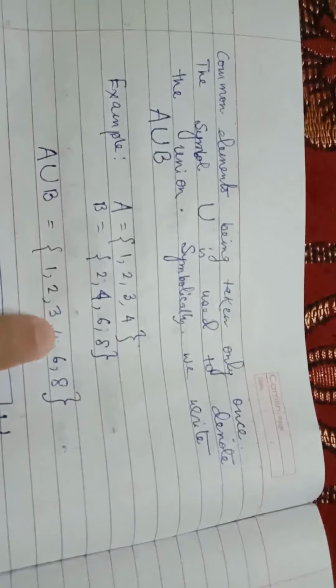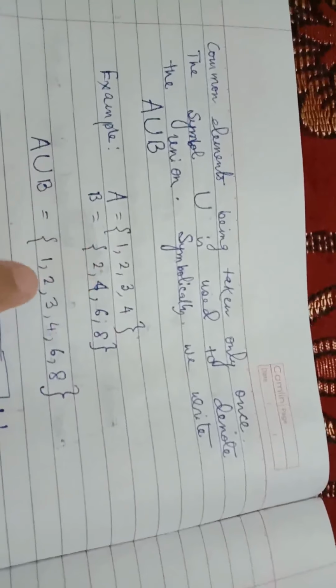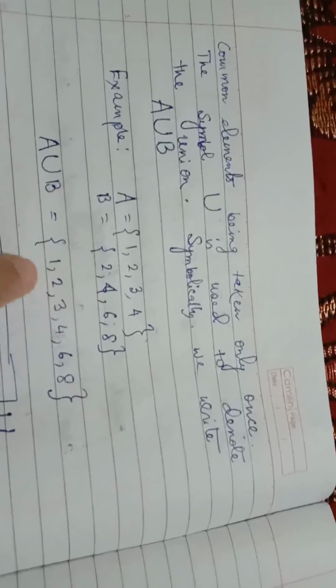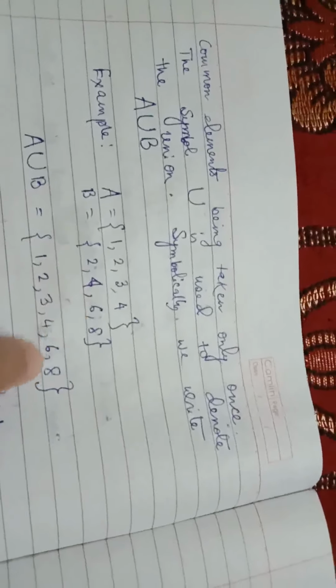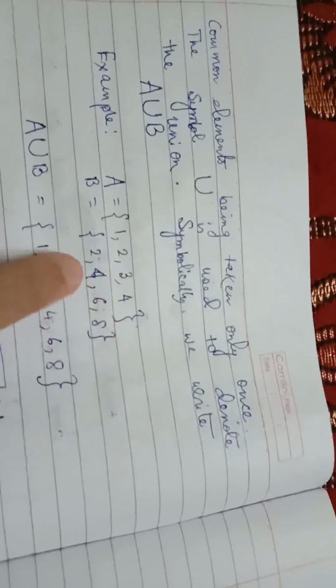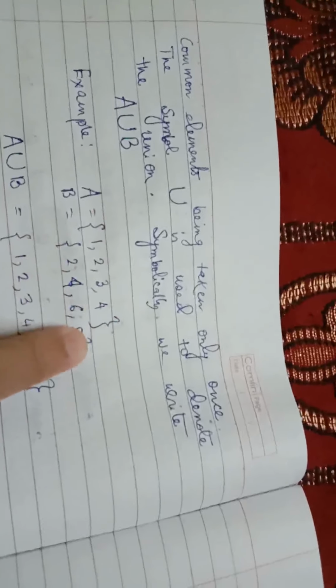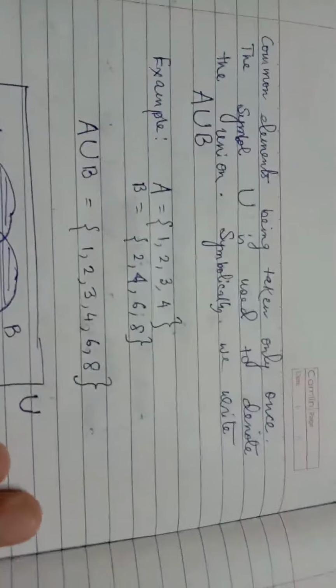Then for the elements in B, 2 I have already written, and 4 is also written. The remaining two elements are 6 and 8. So A ∪ B equals 1, 2, 3, 4, 6, 8: all the elements of A and all the elements of B, with the common elements written once.